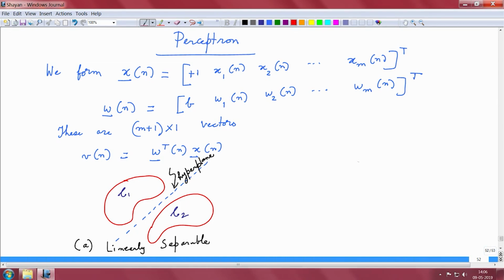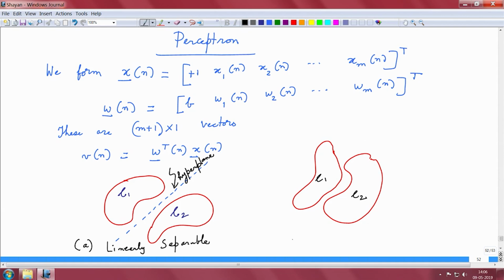Similarly, if we have two classes that are nested like this, for example, and let us assume that this is C1 and this is C2. Obviously, we cannot have a hyperplane that can cut through the region separating C1 and C2. We cannot have a line that separates these two classes.